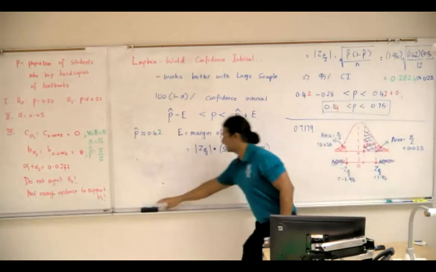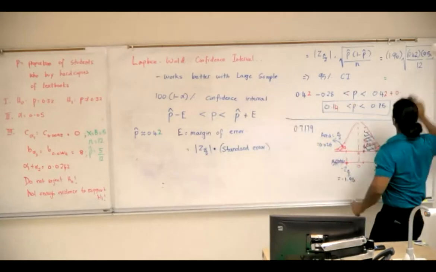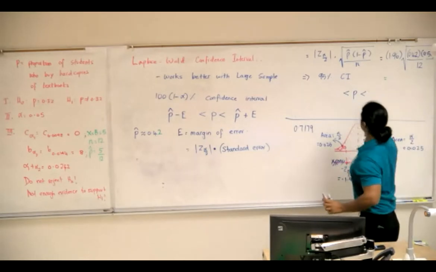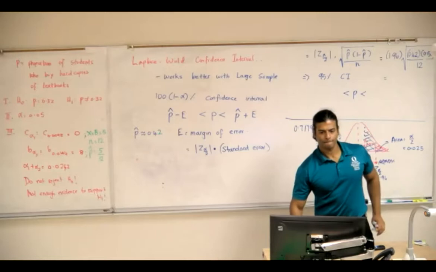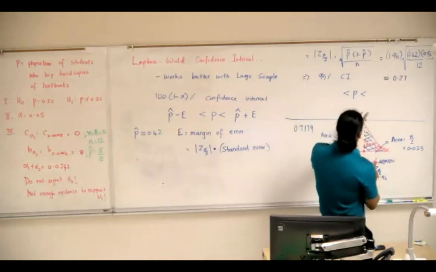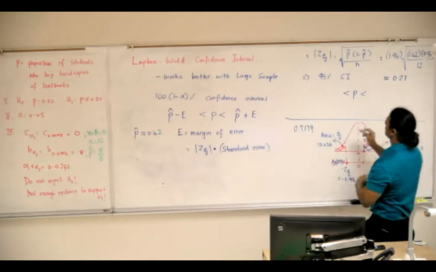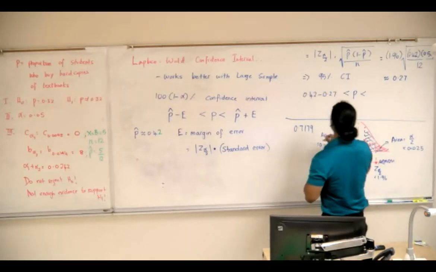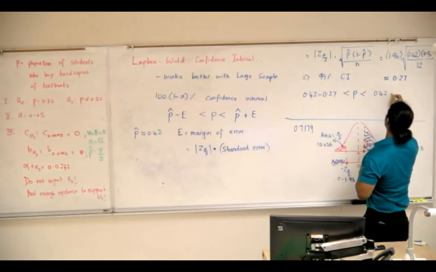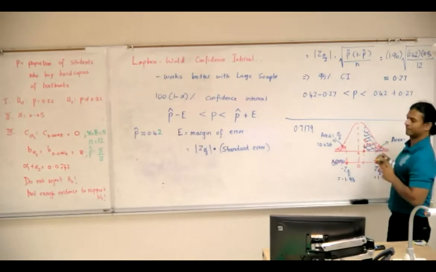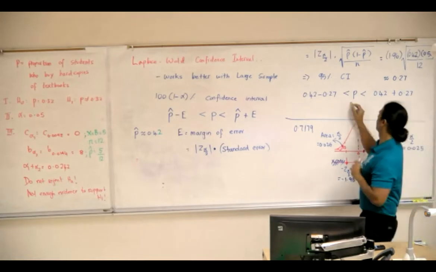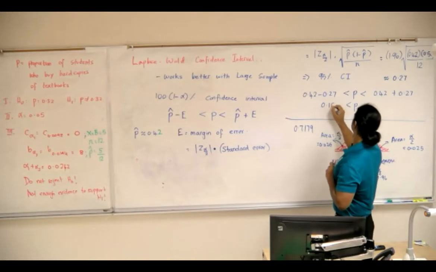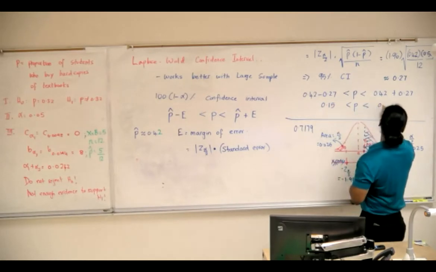So what is that value? So 0.27, 2 decimal places. So 0.42 minus 0.27, 0.42 plus 0.27. And that would be 0.15 here, 0.69.